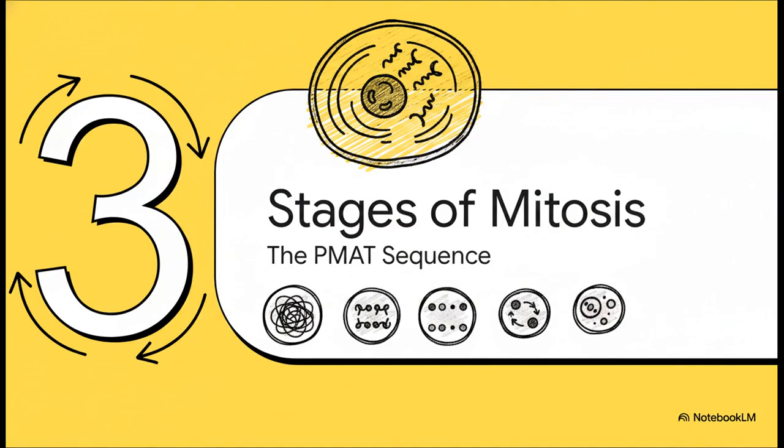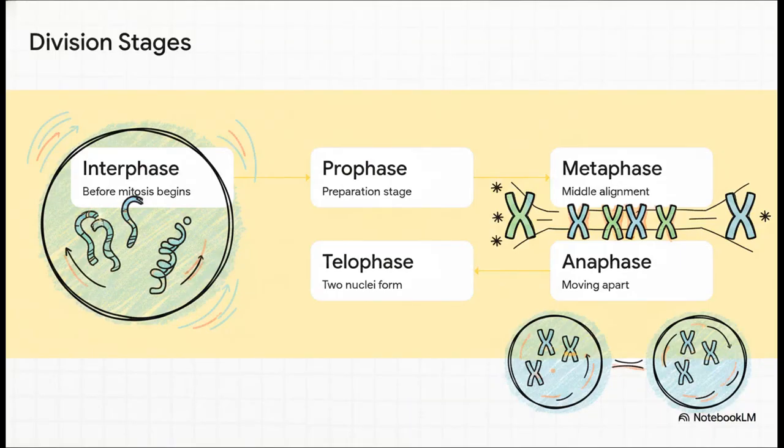All right, section 3, the stages of mitosis, commonly known as the PMAT sequence. Here is the precise step-by-step choreography of cellular division. It all kicks off with interphase, right before mitosis officially begins. From there, we flow smoothly through the 4 highly active stages of PMAT: prophase, metaphase, anaphase, and telophase.